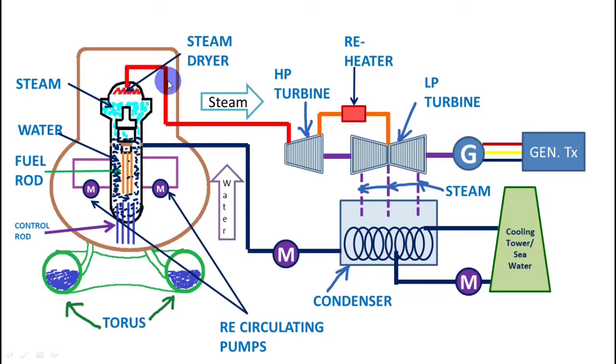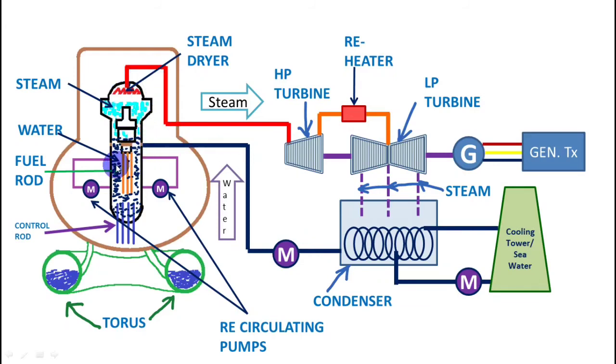So this turbine and this condenser, everything should be in containment, so that the radioactivity doesn't leak. There is only one circuit of water, only one circuit flowing through the reactor core.